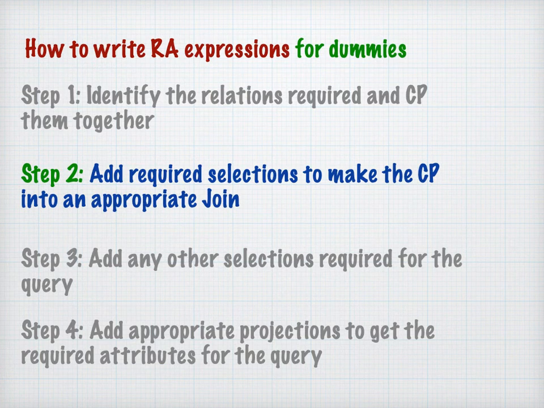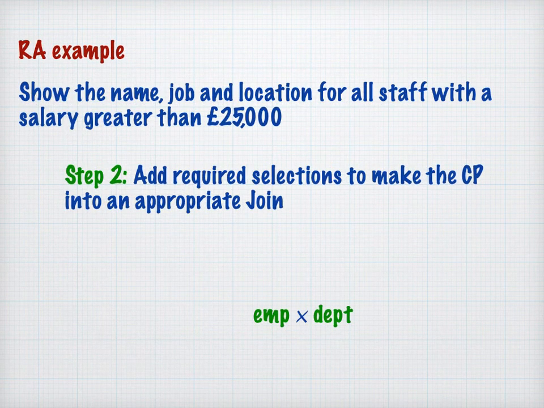Step 2, add appropriate selections to make the Cartesian product into an appropriate join. What the Cartesian product will do is combine every row from the first table with every row from the second table. So we'll end up with lots and lots of rows and some of them will be mismatched. So what we really need to do is a join rather than a Cartesian product.